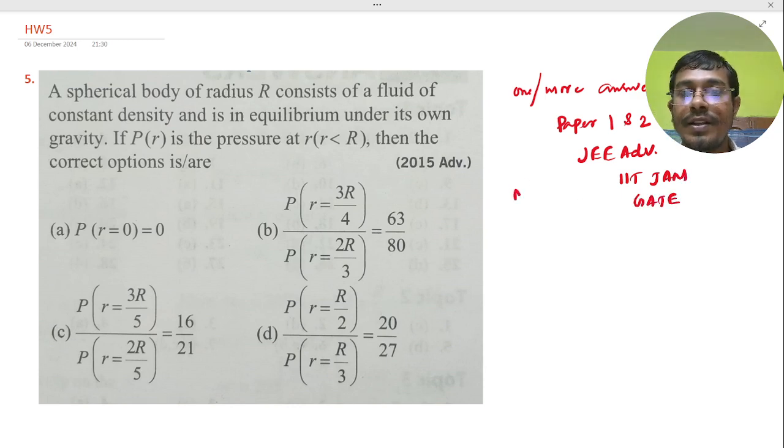This is called the MSQ, multiple select question. Basically many answers can be correct, either it is 1, or it could be 4.